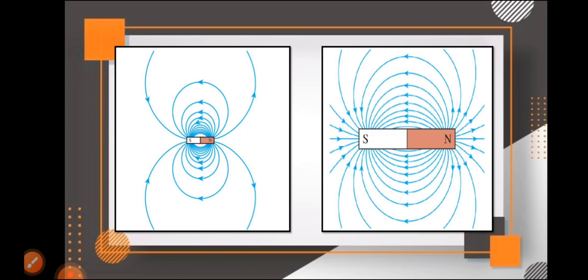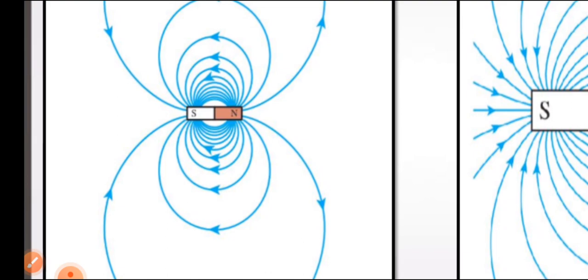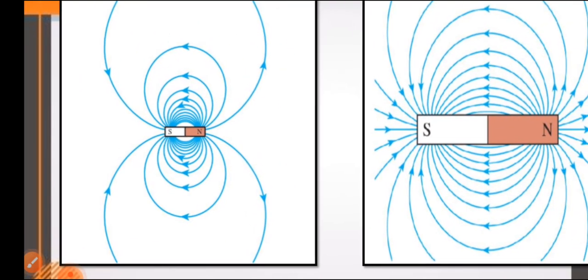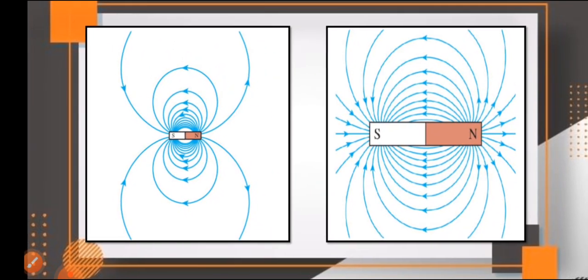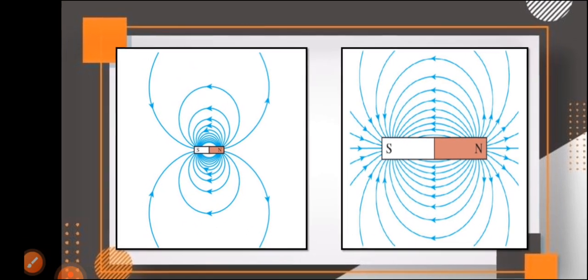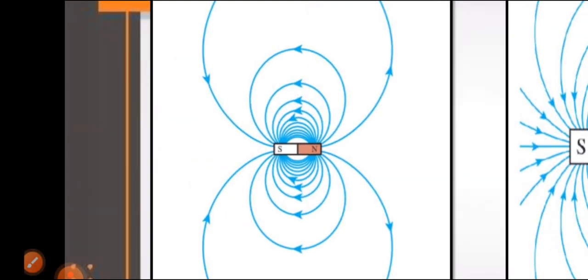So this is how it looks like. This is showing the magnetic field lines of a bar magnet. Take a look at this first picture. The magnetic field lines start at the North Pole, the red one, and end at the South Pole.